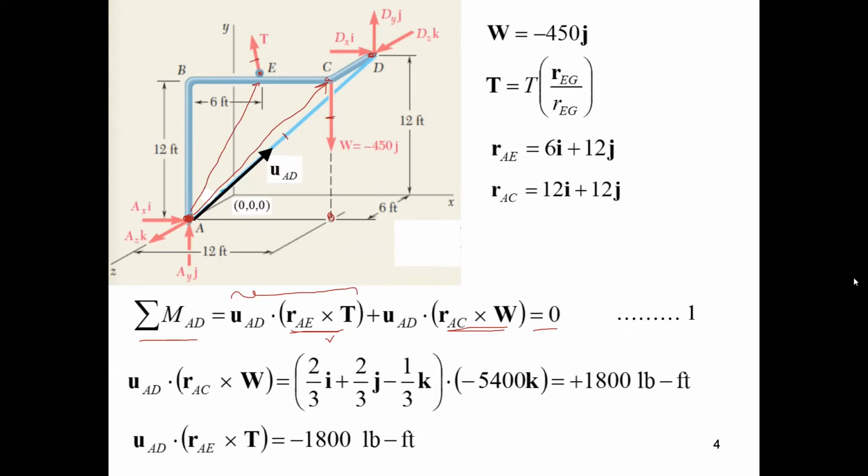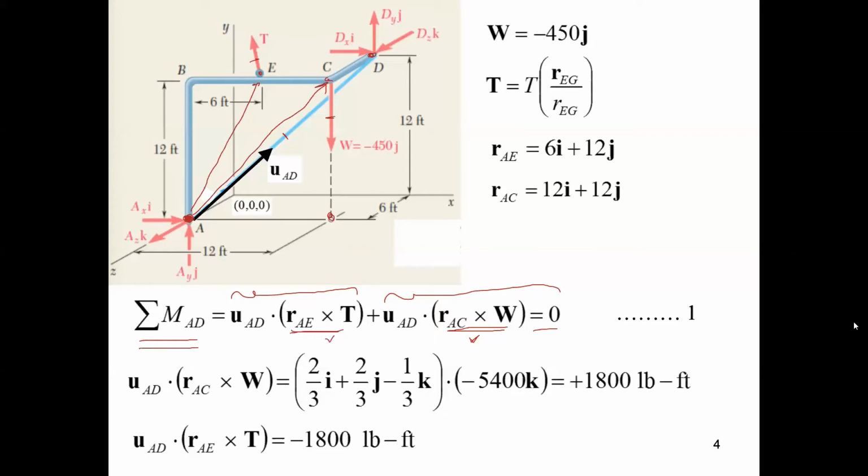Similarly, the cross product of the position vector RAC and the weight vector W is another vector perpendicular to both of them. The projection of the new vector on the unit vector UAD will give the moment about the axis AD.